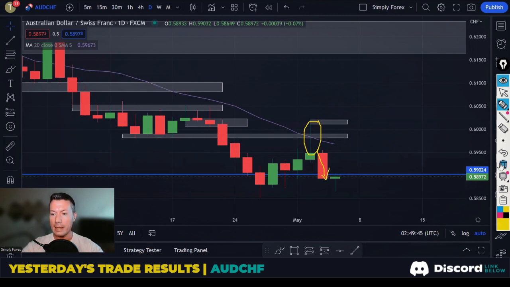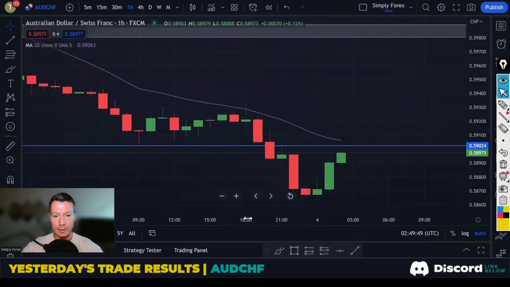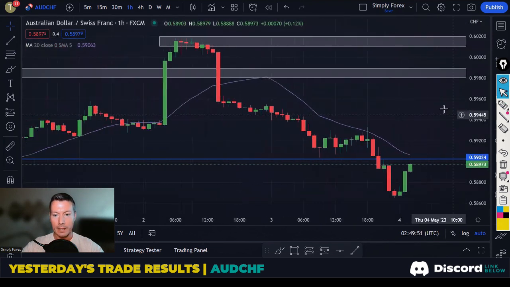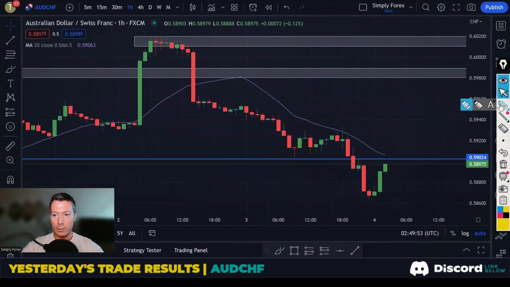But again, this one was tricky to get into, guys. Let me explain. So if we drop down to the H1, again, I was roughly here. I look at the chart and start trading. And again, I wanted perhaps a move back to the moving average 20 or even this grey zone to start taking price lower.